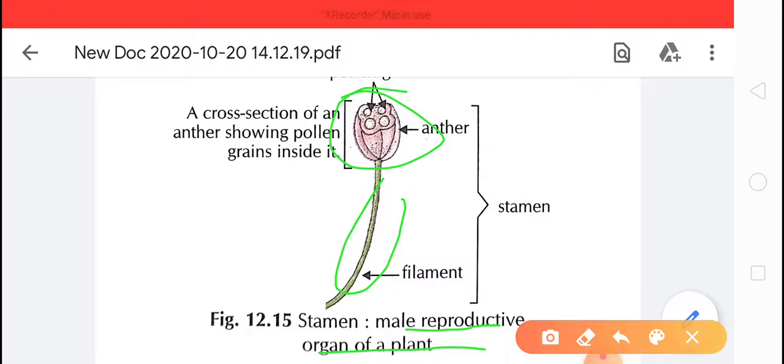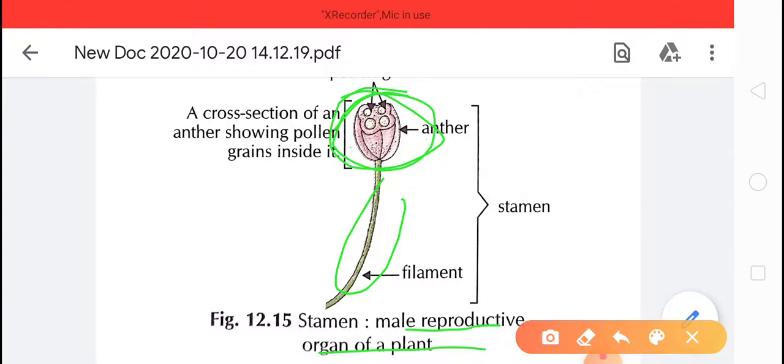In the anther of the stamen, the pollen grain grows and matures. Pollen grain is the male gamete. The pollen grain, the male gamete, is released from the anther. So the pollen grain grows and matures here, and when it is shed, it lands on the stigma of the female reproductive part of the plant.